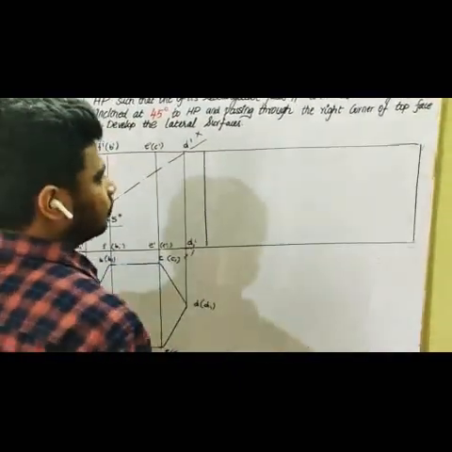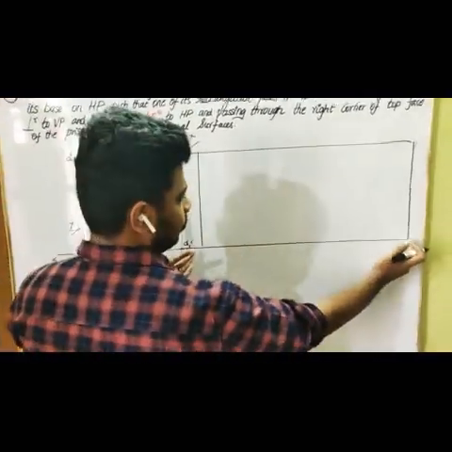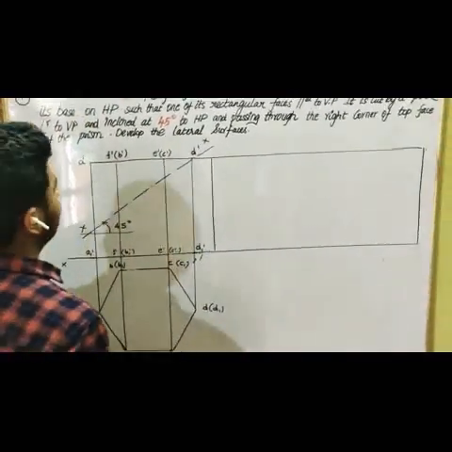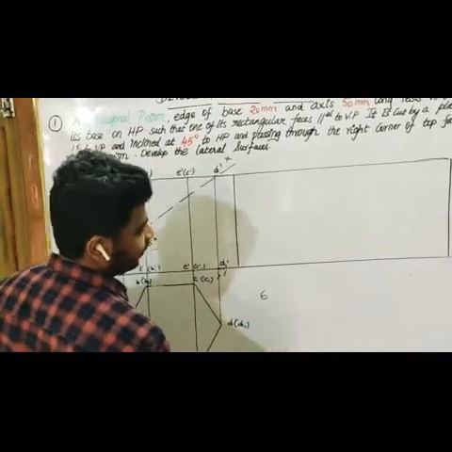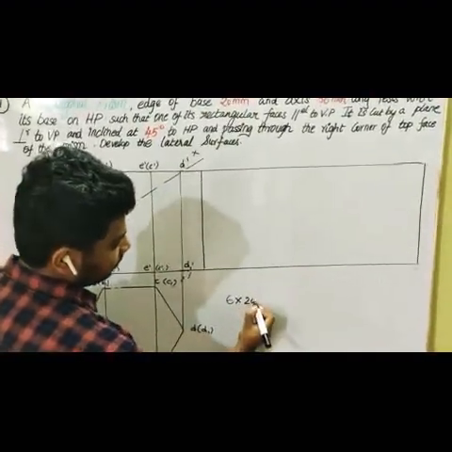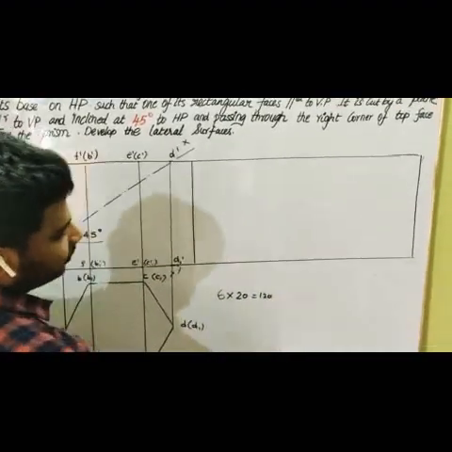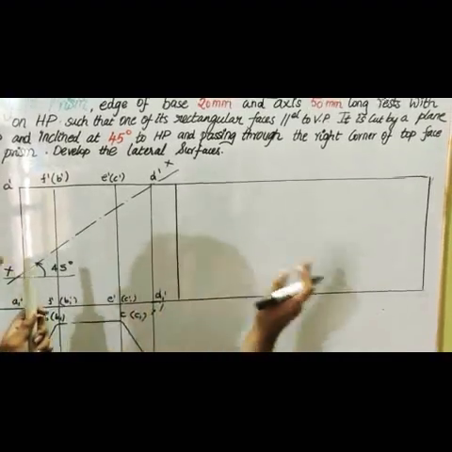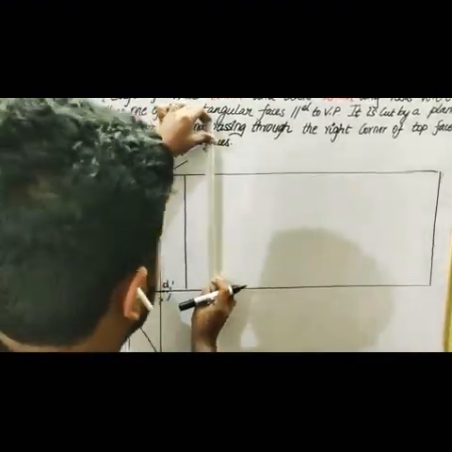So what will be the total length? The total length will be, it is a hexagonal prism, which has 6 lateral surfaces and each side is 20 mm. So 6 into 20, so totally 120 mm will be the total length. So I'm going to divide this into 6 equal sections.